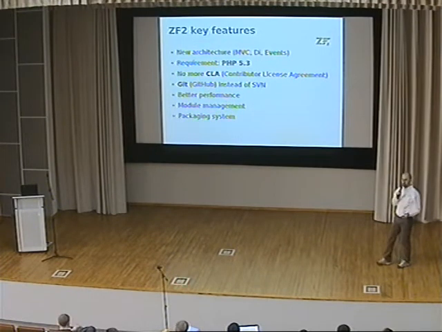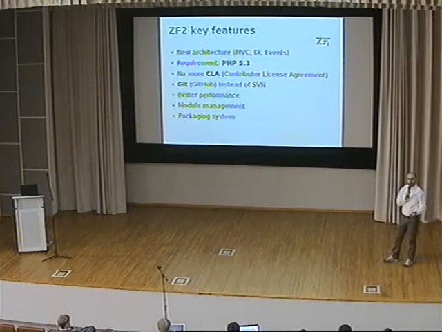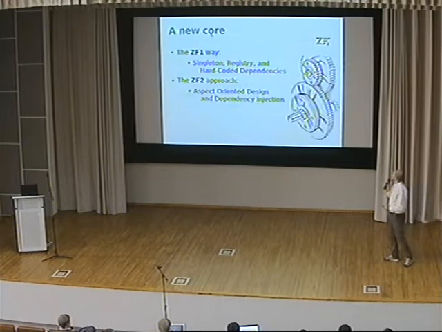We use Pyrus for this feature. And I will show you how to package your project in Zend Framework 2, how to distribute, to deploy using this mechanism. So basically, we have a new core.